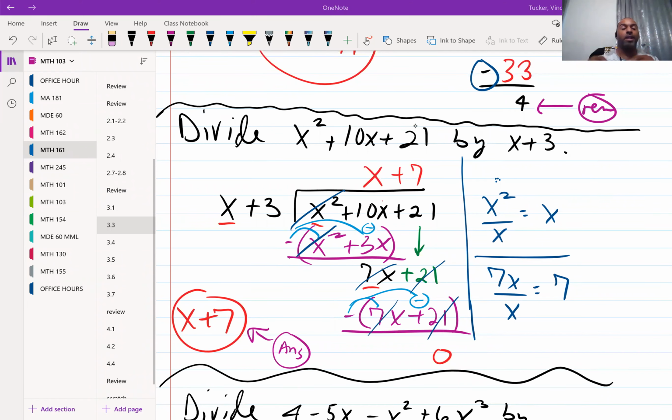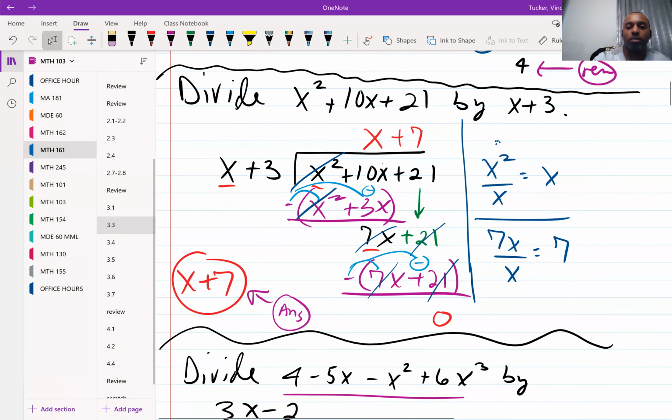That does help in this case, but it only helps when your remainder is zero. So if it's not a factor, you're going into our factor theorem and our remainder theorem, so we're going to get there in a second. So you're a little bit ahead of us. But yeah, that only works if x plus 3 is actually a factor of the polynomial you're dividing into, but that is a way to do it as well. Good insight.